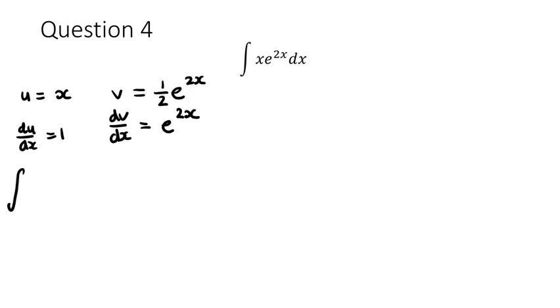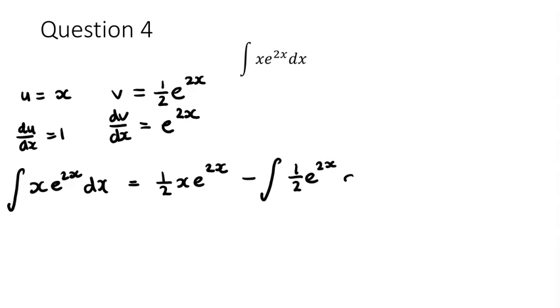Right then, we plug that into the integration by parts formula. That is in your formula book, so please check that out. u times v we do first, which is going to be a half x e to the 2x. And then we take away the integral of du by dx times v. So 1 times a half e to the 2x is just a half e to the 2x.